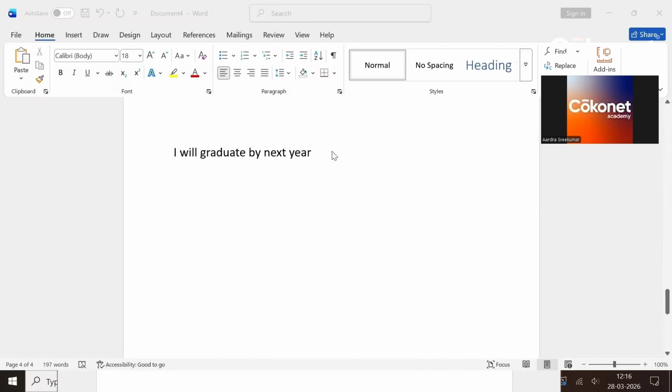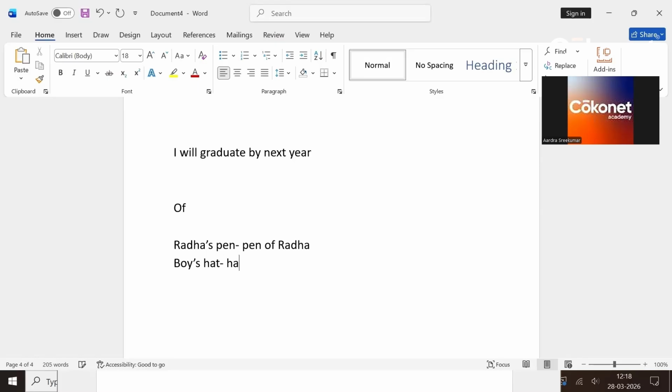preposition, which is very commonly used, like by, in, on, which is of. So if I say Radha's pen, this indicates that the pen belongs to Radha, right? So the pen of Radha. Similarly, boy's hat, indicating that a particular hat belongs to that boy.